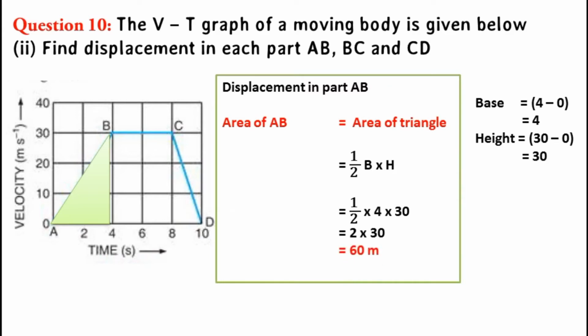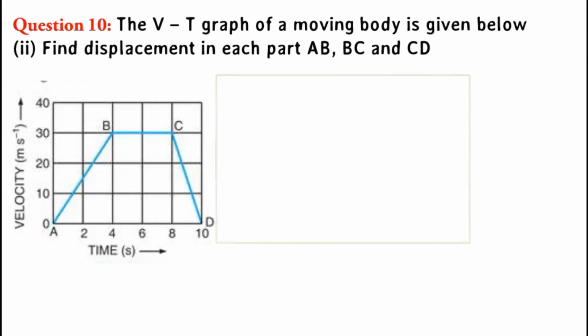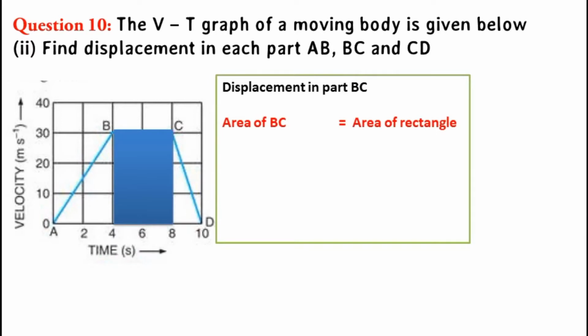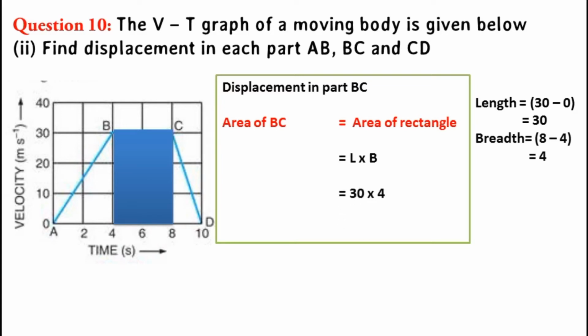Now displacement in BC, which is the area of BC. BC looks like a rectangle. So the area of BC is equal to the area of the rectangle, and we know the formula of the area of a rectangle, length into breadth. Length is equal to 30 minus 0, which is equal to 30. Breadth is equal to 8 minus 4, which is equal to 4. So L into B is equal to 30 into 4, which is equal to 120 meter.